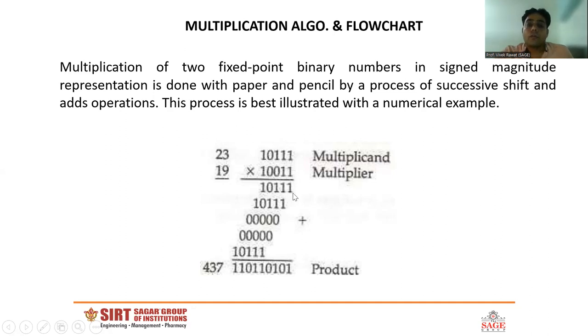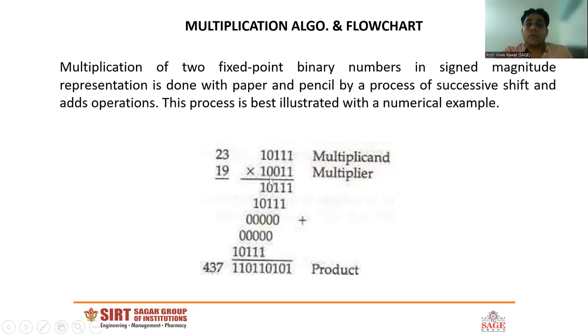Now we all know that we need to discard this bit, and this 1 multiplies with this whole number. So we got 1 0 1 1 1. We multiply this 0 with the whole number, so we get 0 0 0 0 0.